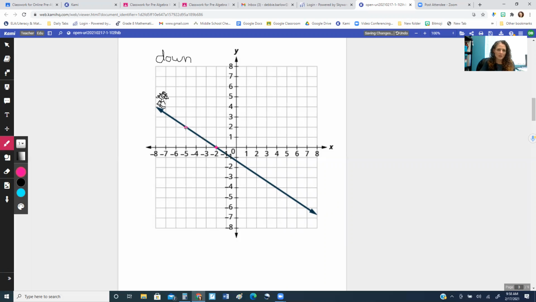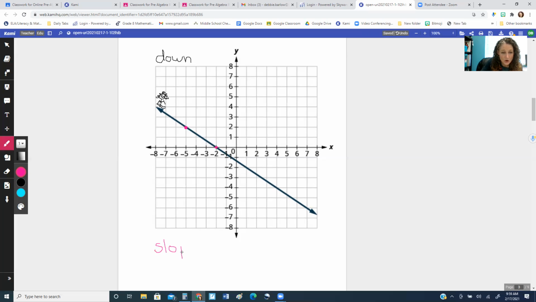Okay. So let's count our rise over our run. Now I'm going to start here and I'm going to end up here. I could start here and end up there. It doesn't matter. I get the same answer either way, but I'm just going to start here and end up there. So I'm going to start here and, oh, I'm going down 2. So if I go down 2, remember down is negative.